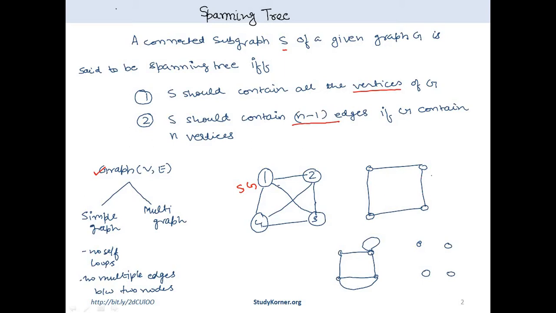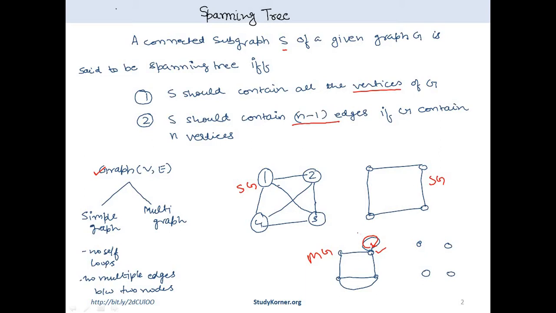Similarly, this graph is also a simple graph. Whereas this graph is not a simple graph, it is a multi-graph, because I have a loop at this node and this graph also has multiple edges. Multiple edges means between two vertices we have multiple edges defined.